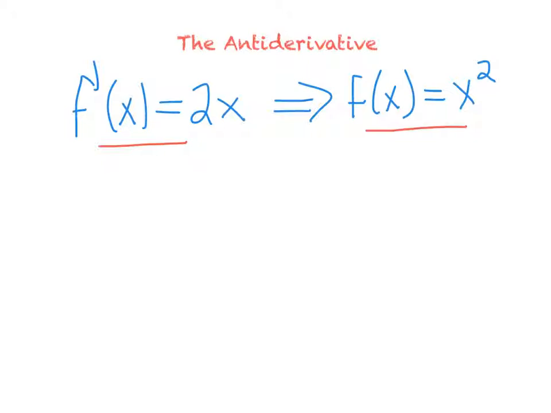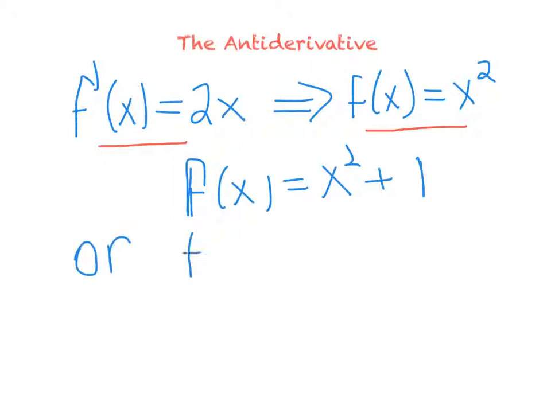But now we have to think of another thing. What if f of x, instead of being only x squared, was x squared plus 1? Its derivative is 2x. And also, f of x could be x squared minus 3, and the derivative of x squared minus 3 equals 2x too.